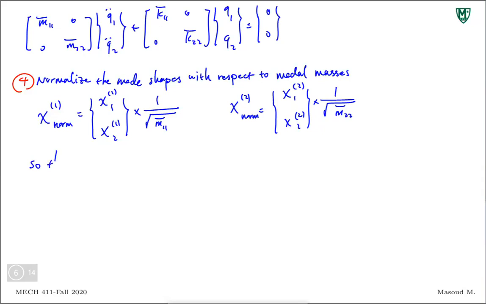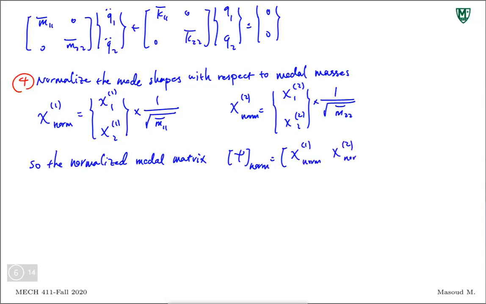So your normalized mode shape modal matrix becomes psi norm, which is equal to, let's write it this way, two vectors: x1 norm and x2 norm.